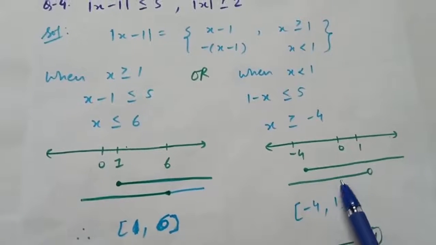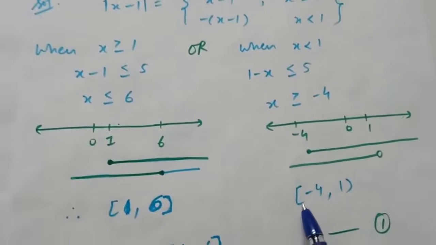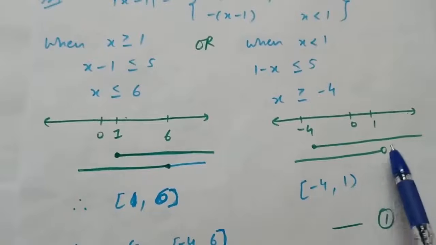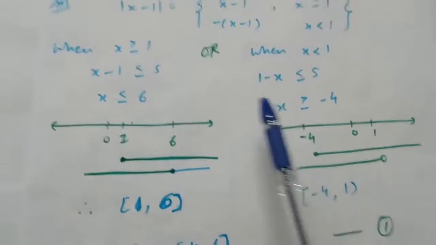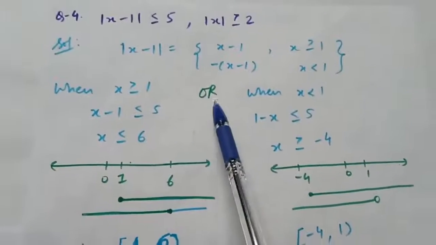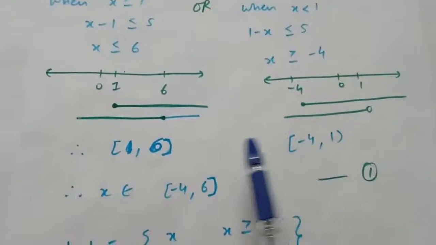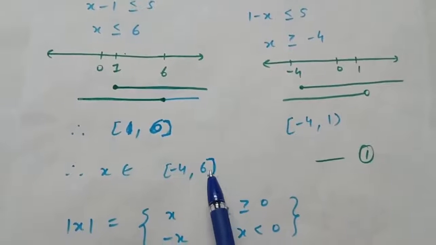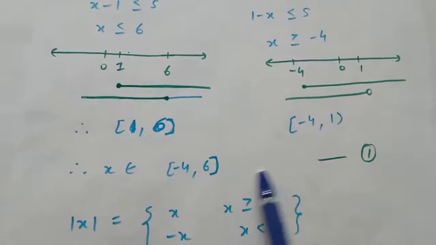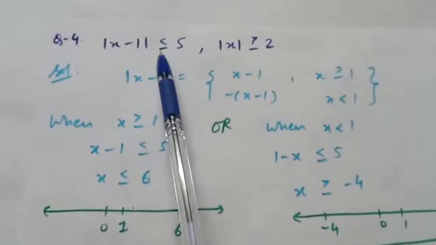So the intersection of these two is from minus 4 to 1, with a closed bracket at minus 4, not at 1, because in this second line 1 is not included, right? Now because these two cases involve or, that means either this or this, we will take the union of these two. So the union is minus 4 to 6 with closed brackets, and let this be 1, because this is the solution of the first inequality.